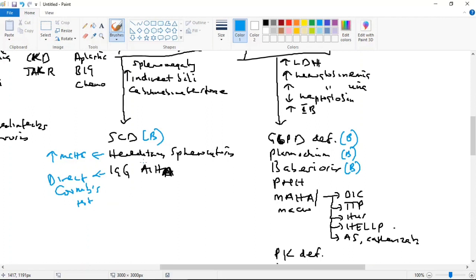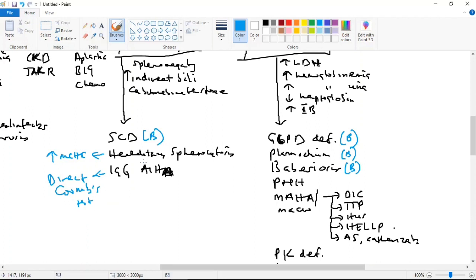PNH: there is a GPI deficiency. It's a membrane anchor glycophospholipid, glycosylphosphatidylinositol. It's an anchor phospholipid that basically anchors enzymes and proteins onto the cell membrane.